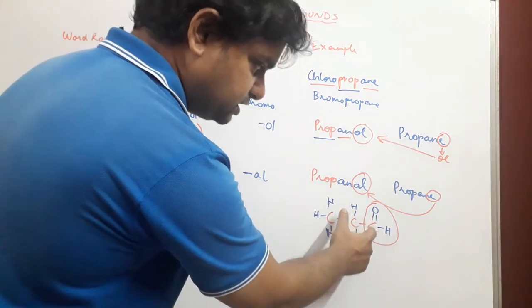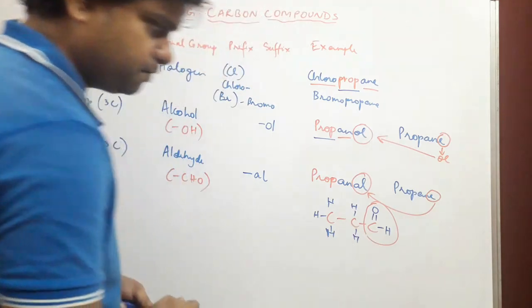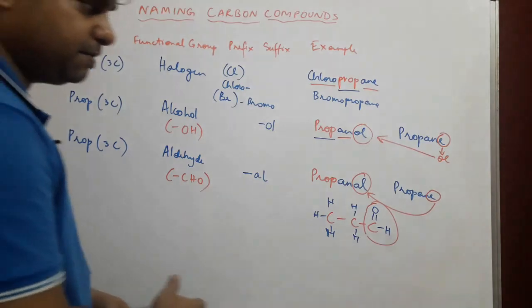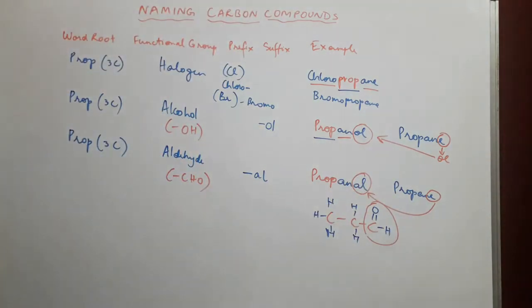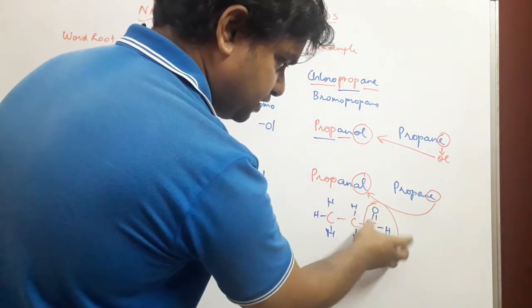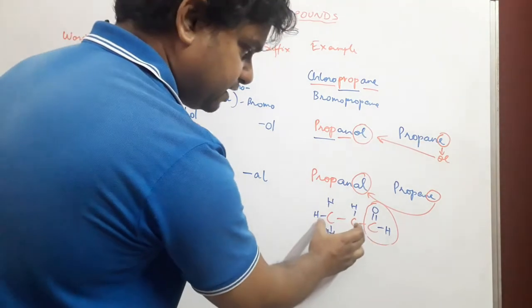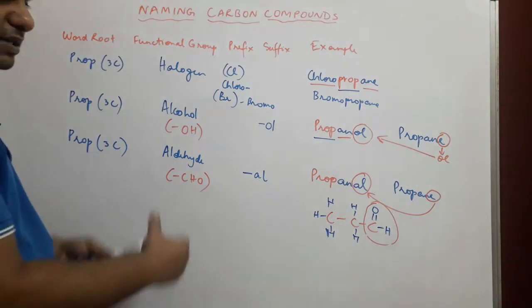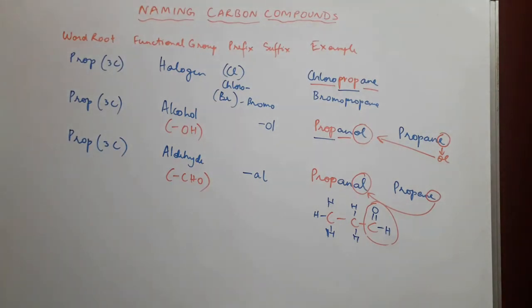It is actually part of the entire CHO, the aldehyde group. So it is propanal because this is a separate functional group that attaches to these two carbon atoms, and because there are three carbon atoms we say prop. We don't have to go into details about aldehyde. You'll learn more about it if you take science in the 11th standard.